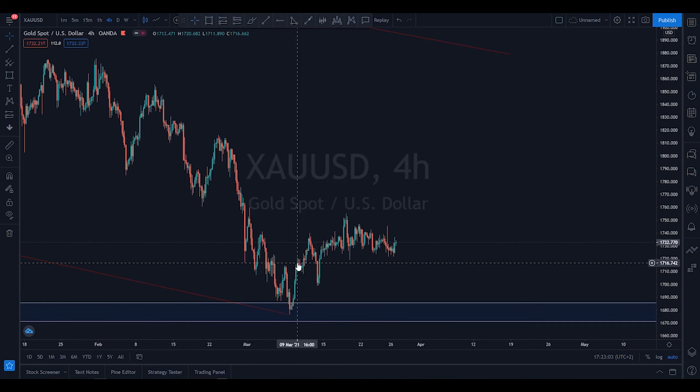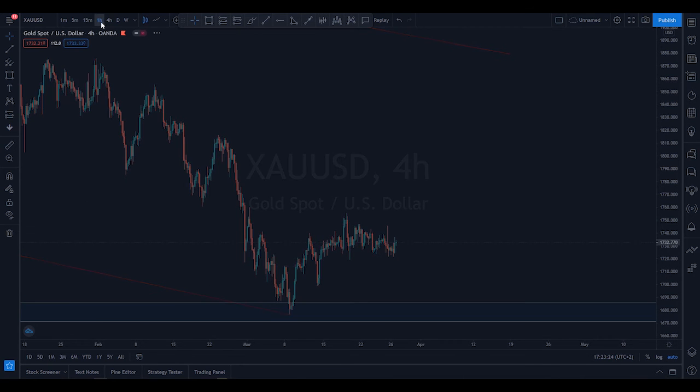It broke that correction, then retested, creating a last kiss. This is what we call a last kiss, and then it went impulsive to the upside. These two candlesticks here are what we call our impulsive move.